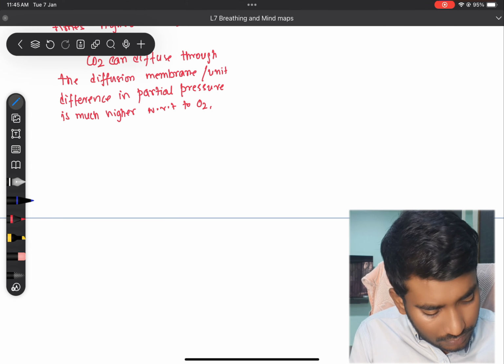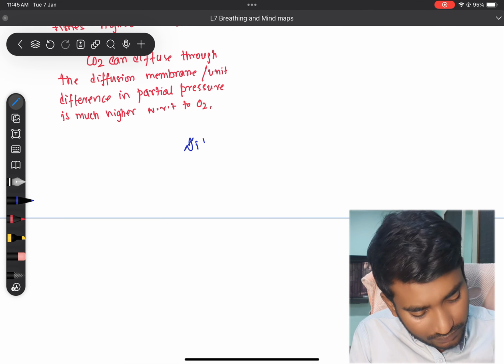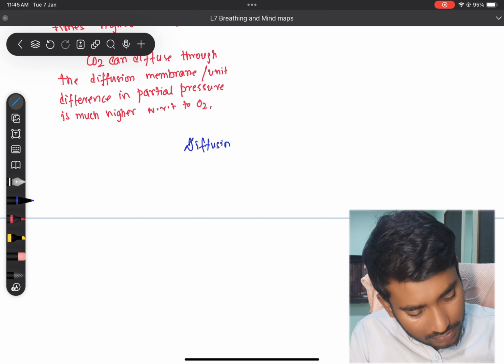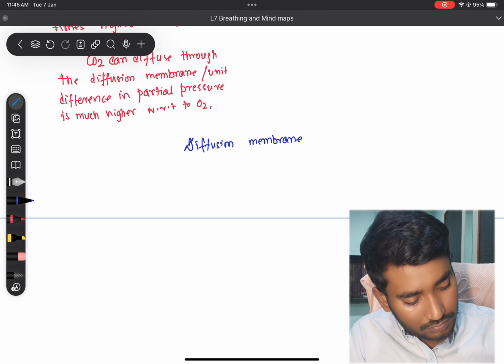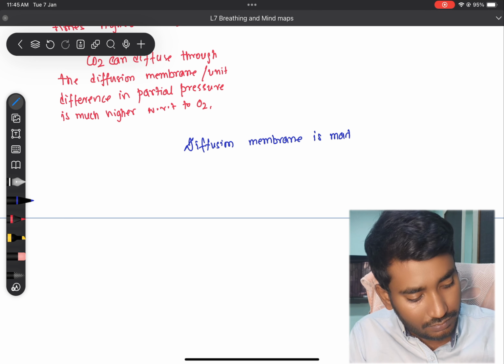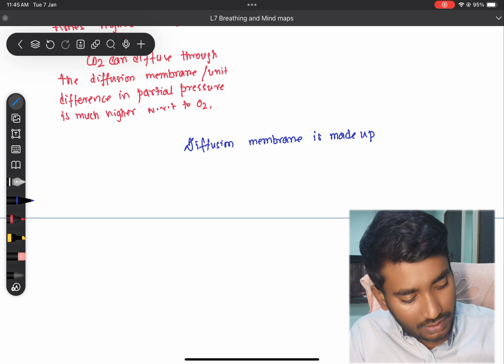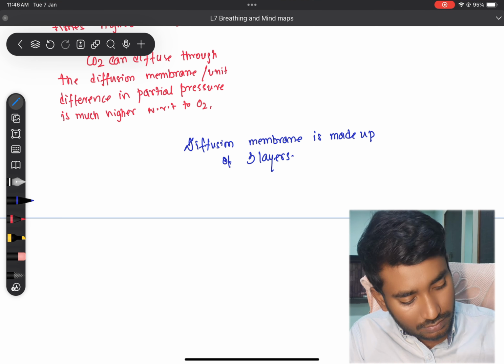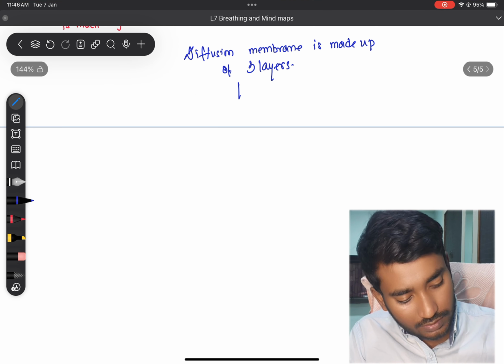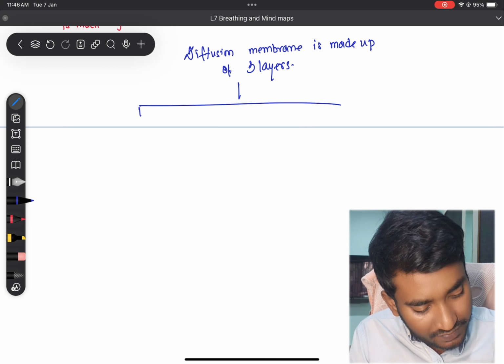The diffusion membrane is made up of 3 layers.